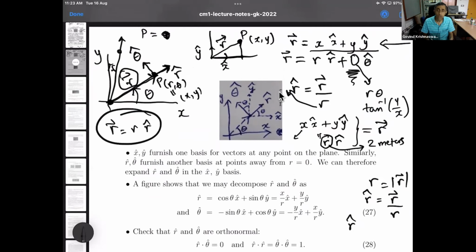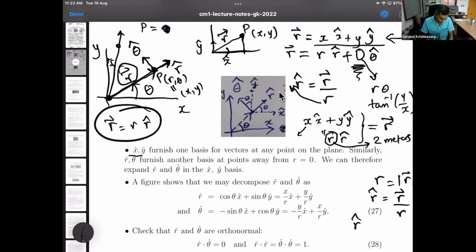Let me just comment here that x hat and y hat furnish one basis for vectors at any point on the plane. You take any point on the plane, such as this one, and you've got the x hat, y hat basis. Similarly, r hat and theta hat furnish another basis at any point, excluding the origin, because over that point theta becomes ill-defined.